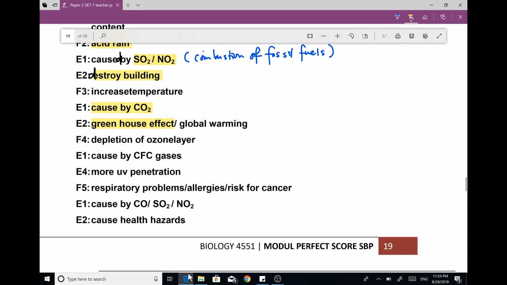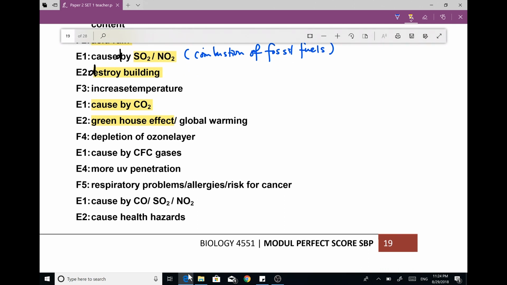Now the CFC emitted by the air conditioning unit just now is going to cause the depletion of the ozone layer. And the direct effect of the depletion of the ozone layer will be more UV penetration, causing the plants, like the chlorophyll, to be damaged, and then it is going to reduce the rate of photosynthesis.